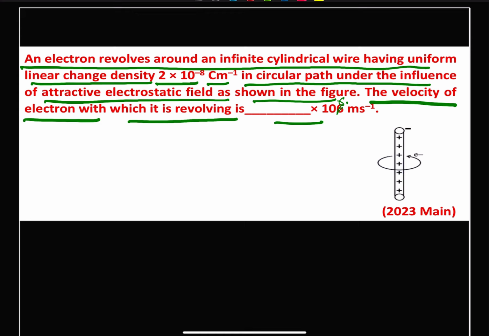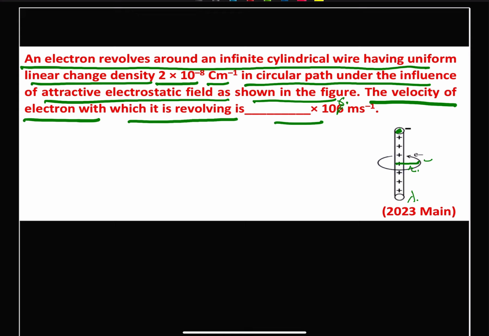So we are given that the electron is moving in a circular orbit about this cylindrical wire. Infinite linear charge density is given to us. Let us suppose that is our lambda. So therefore there will be a force at this point. Let us call this distance as small r. So here force will be equal to E multiplied by electric field.